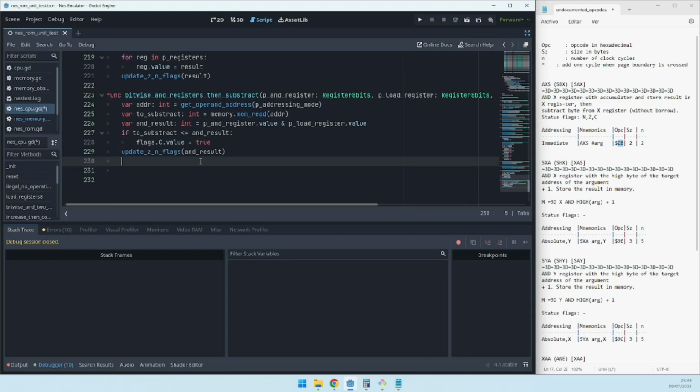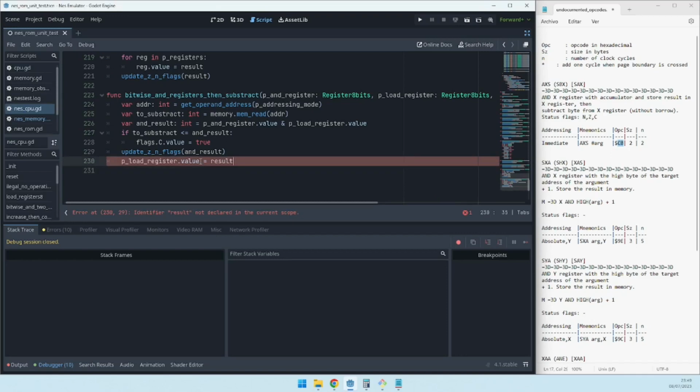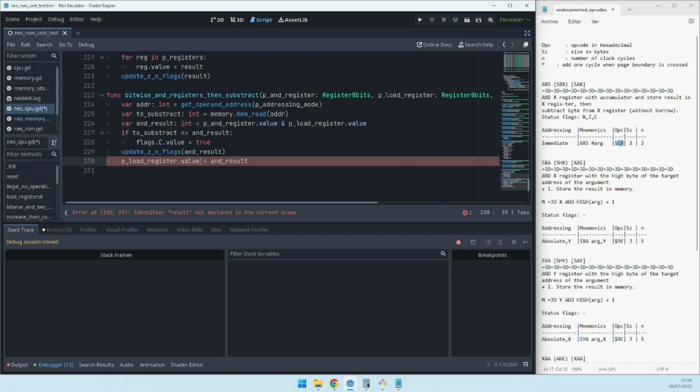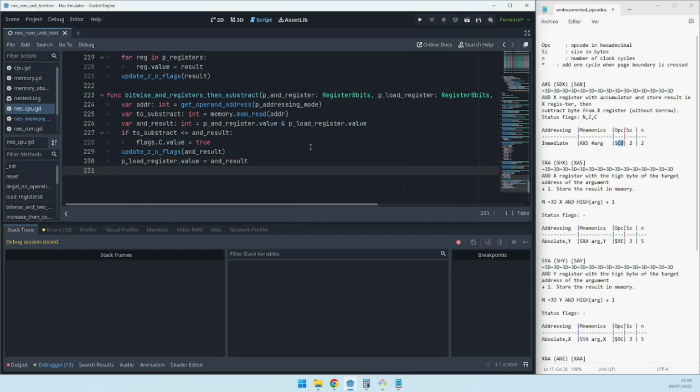And then sets the load register. Okay, it's the AND result. Okay. Makes sense. One less.